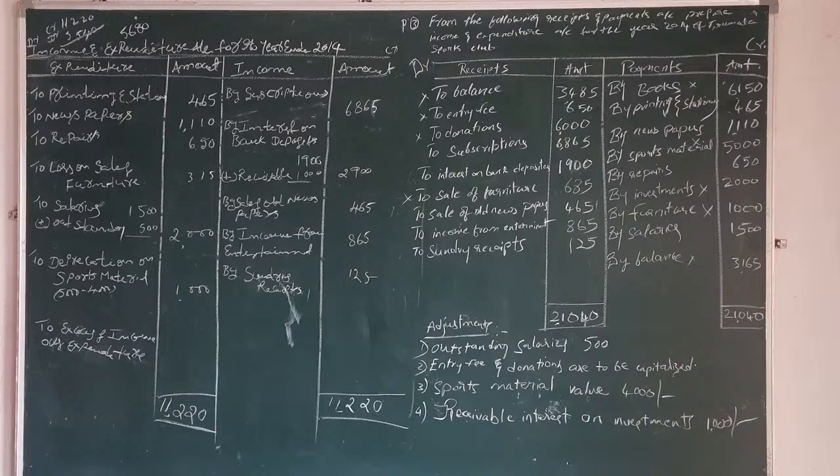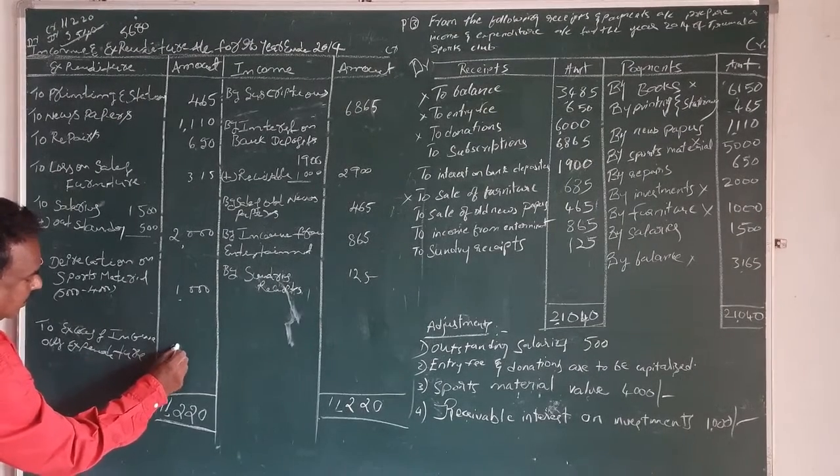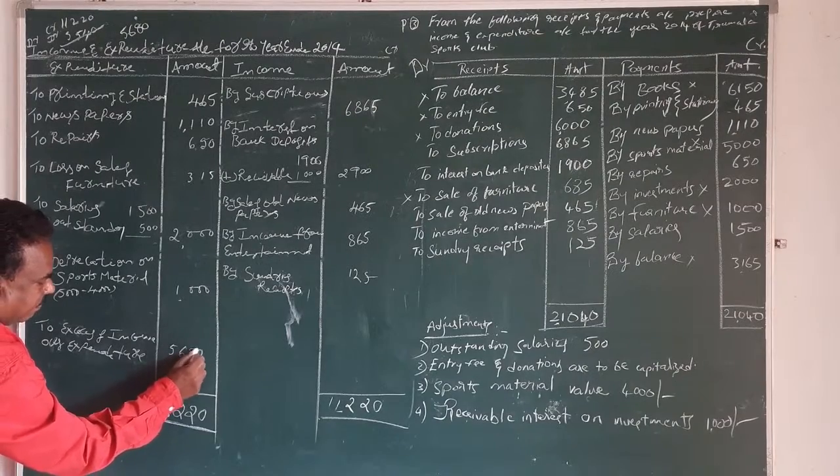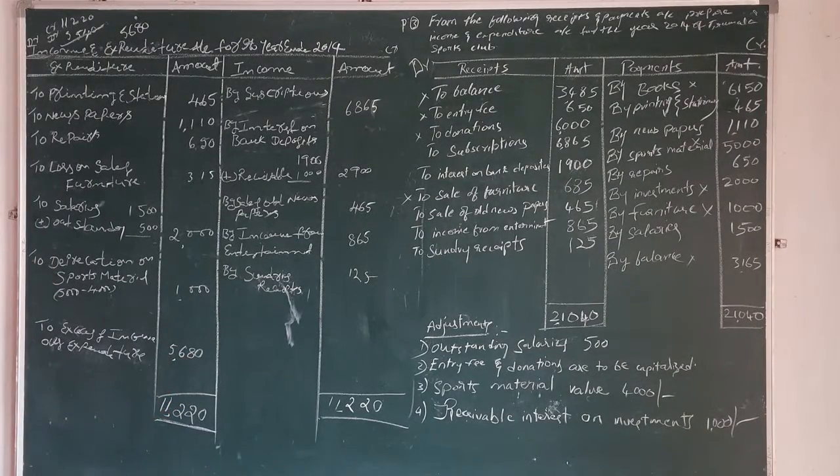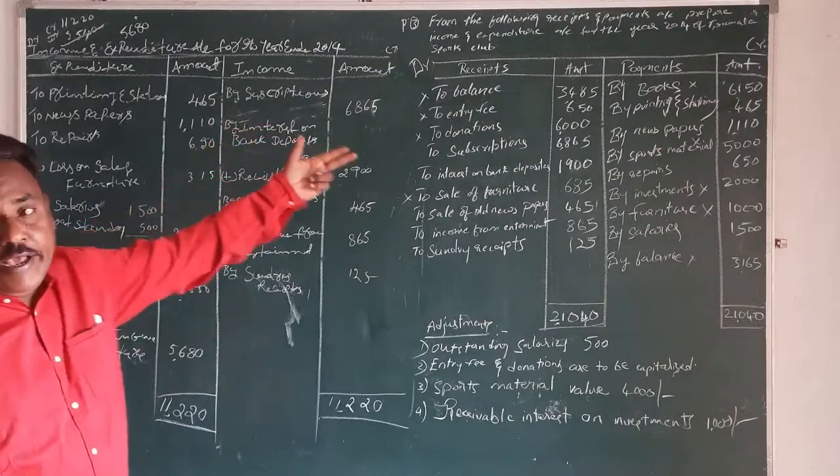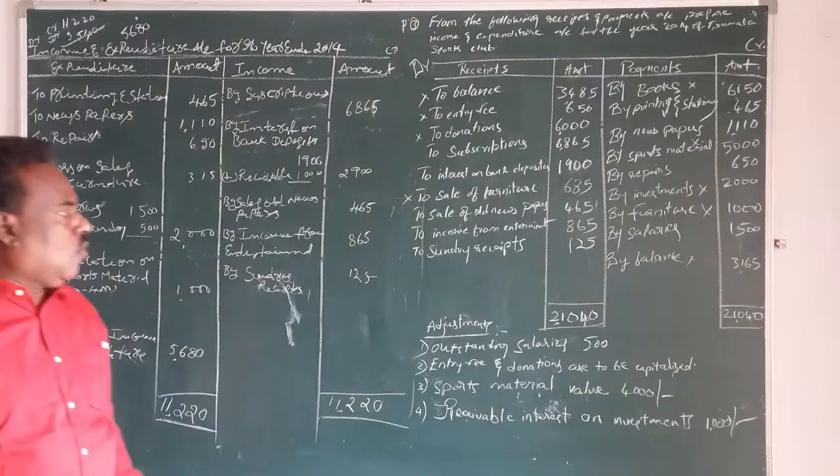Excess of income over expenditure 5,680. This is the income and expenditure account of Tirumala Sports Club based on the following receipts and payments account.